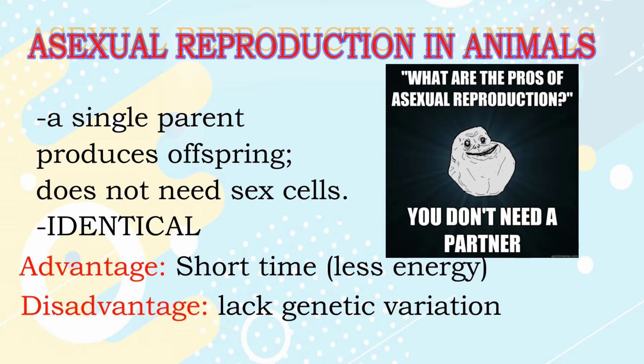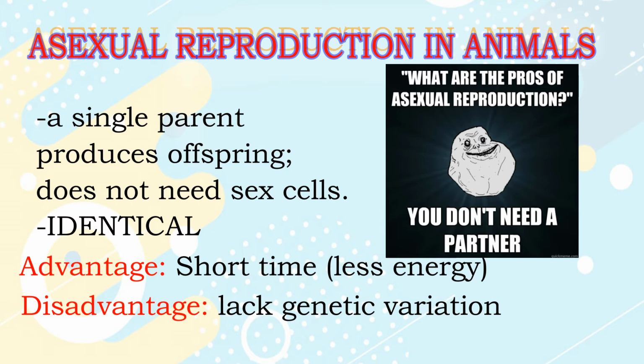One of the advantages of asexual reproduction is that it happens in a short time, and at the same time, there is less energy needed in order for this to happen. It is because the organism doesn't need to find a mate and does not need to undergo sexual intercourse.